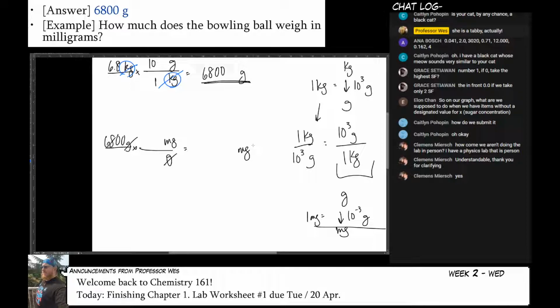And I'll be left with milligrams as my answer. I like to do the units first, and then I do the numbers, just to keep your brain on thinking, okay, what units do I want to get to the end? So then we just put in the numbers here.